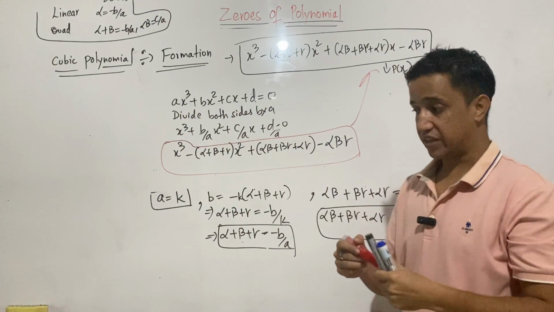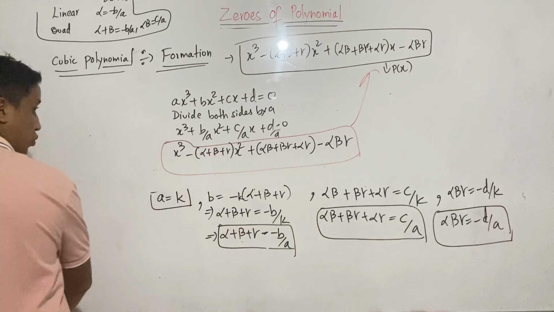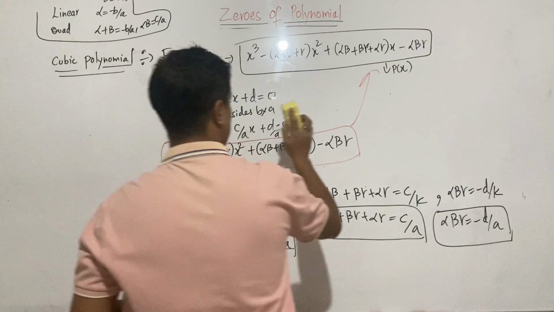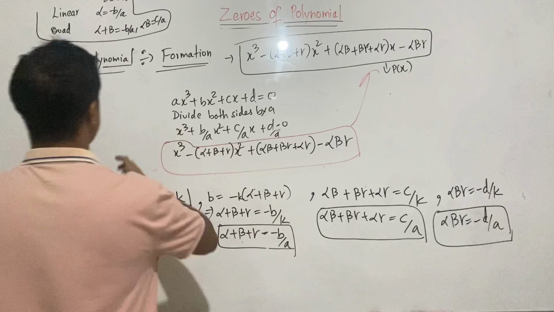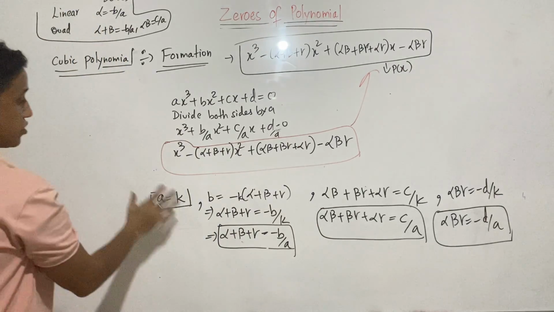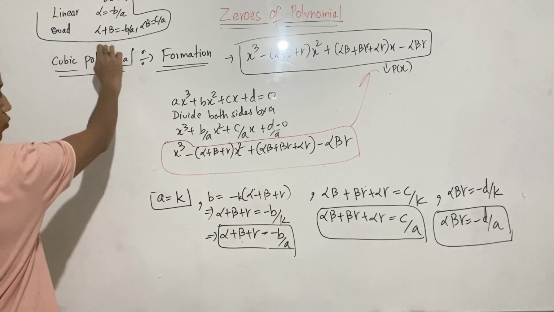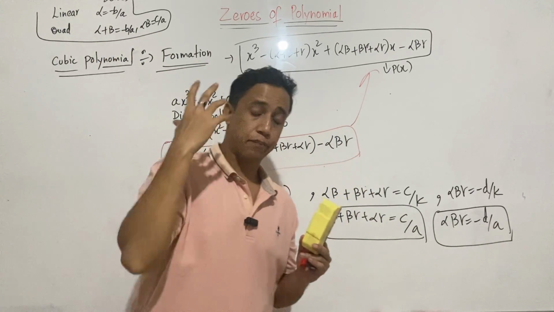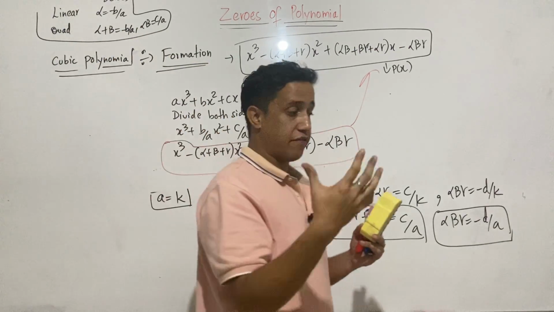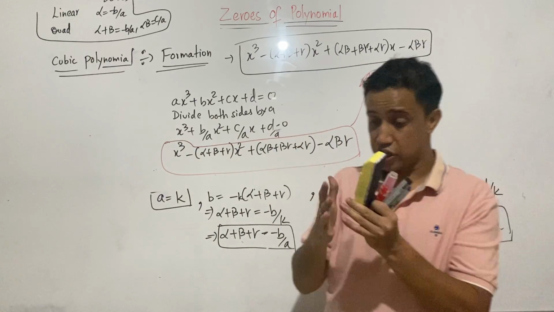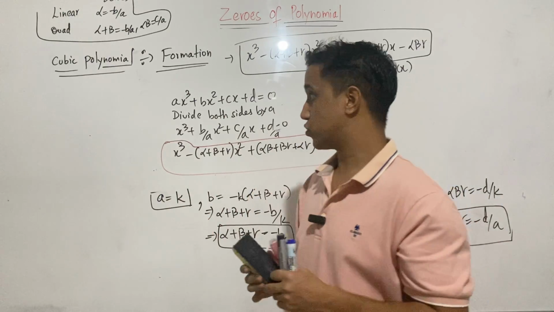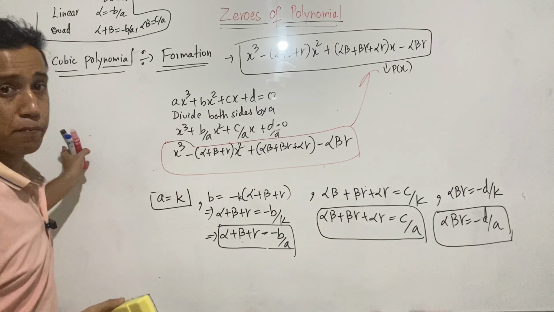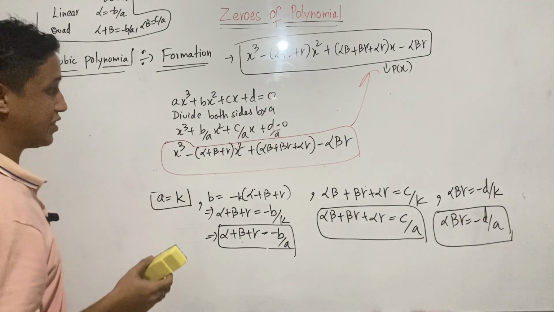I hope this thing is clear. Now we are going to take some questions. So here, if I have to summarize cubic, then you can write it here, so that if you just look at it once, you can figure out the difference. Okay, you can do the same for quadratic too.